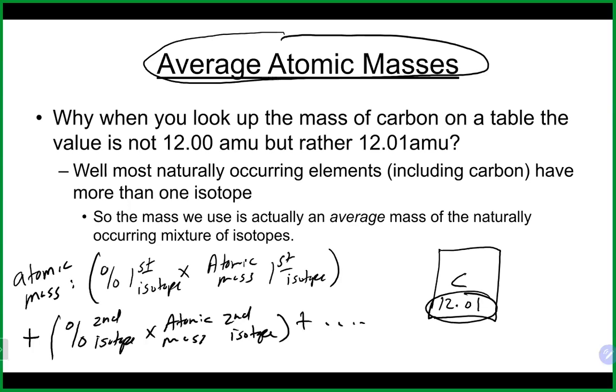When we talk about the percentage, what we're talking about is sometimes referred to as the percent abundance, or the relative percent abundance. It's basically a percentage of like, hey, there's 40% of this isotope that naturally occurs, and 60% of this isotope that naturally occurs. 60 and 40 is 100%.